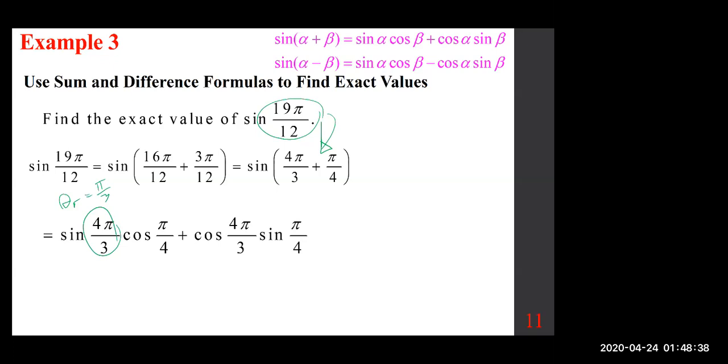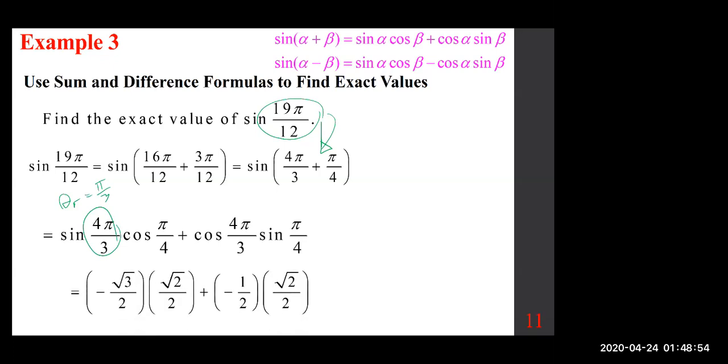Sine of pi over 3 is square root of 3 over 2. In the third quadrant, sine is positive or negative, class? Negative. Third quadrant, negative. So that takes care of the business, okay? Same thing for cosine in the third quadrant is negative. So it becomes a negative square root of 3 over 2 times square root of 2 over 2 plus negative 1/2 times square root of 2 over 2.